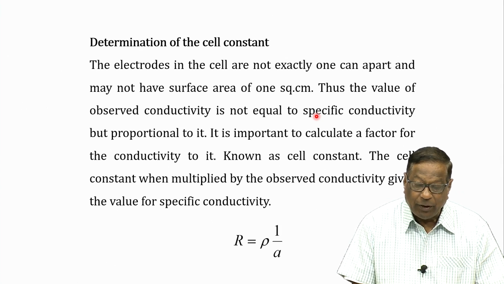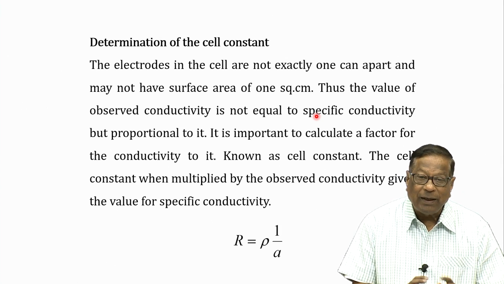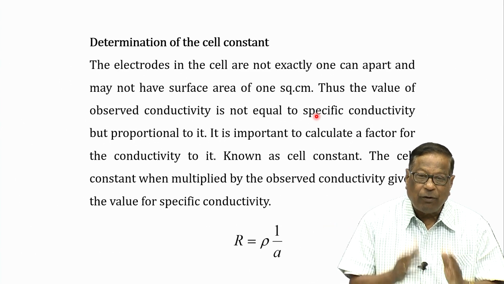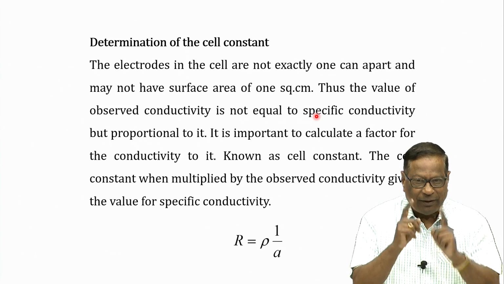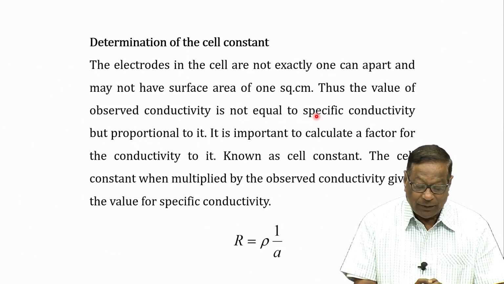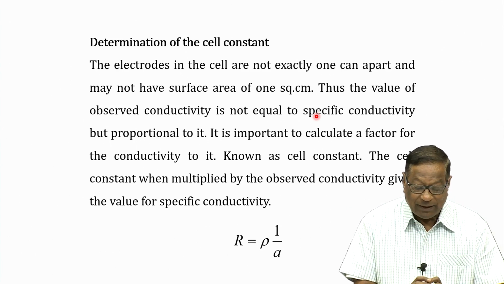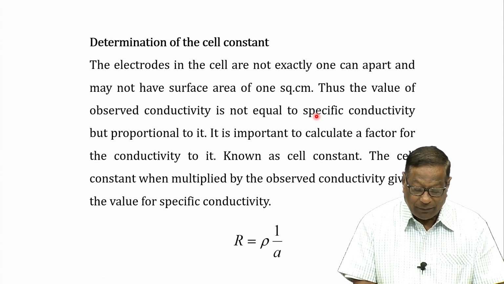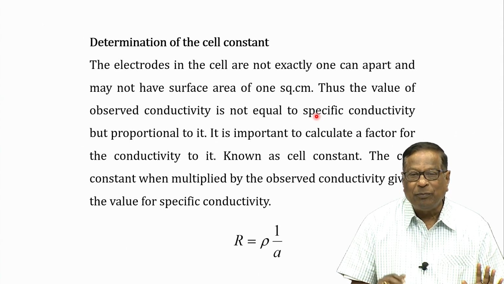So, it is important to calculate a factor to convert the observed conductivity into specific conductivity for a given cell and for a given set of electrodes. That factor is known as the cell constant. The cell constant when multiplied by the observed conductivity gives the value of specific conductivity.